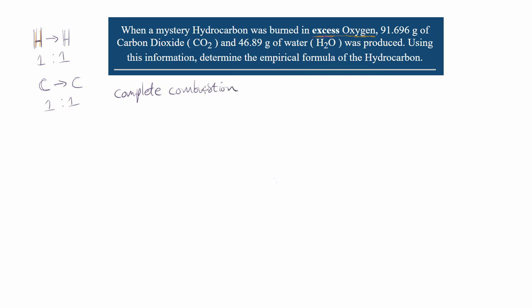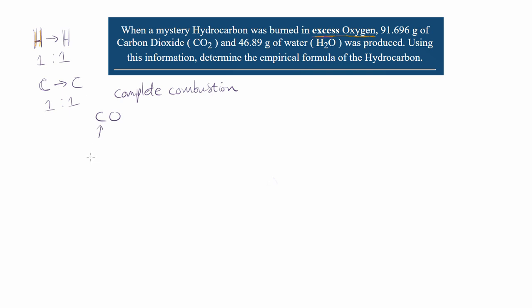And so that effectively means that we can assume that there weren't other byproducts. So there wasn't, for example, carbon monoxide, because obviously if there was carbon monoxide as a byproduct, this contains carbon.